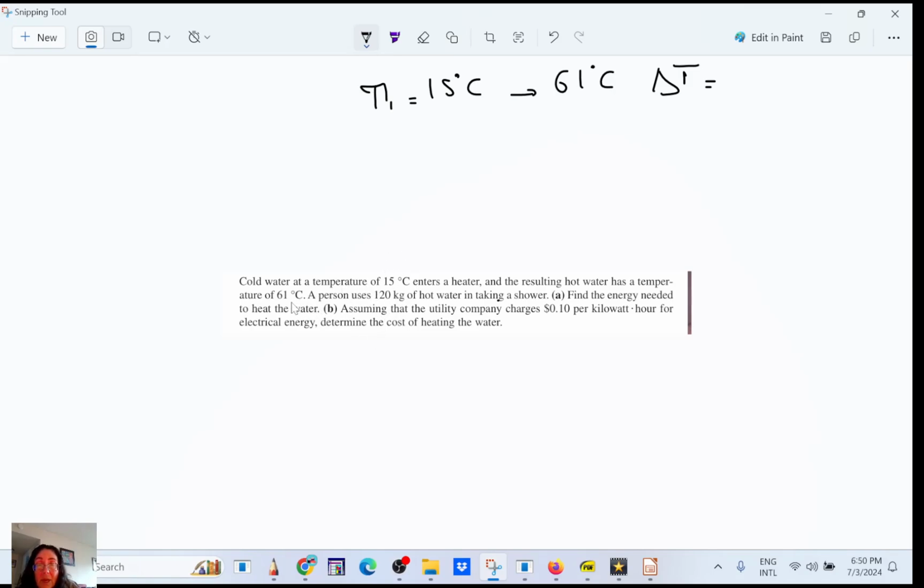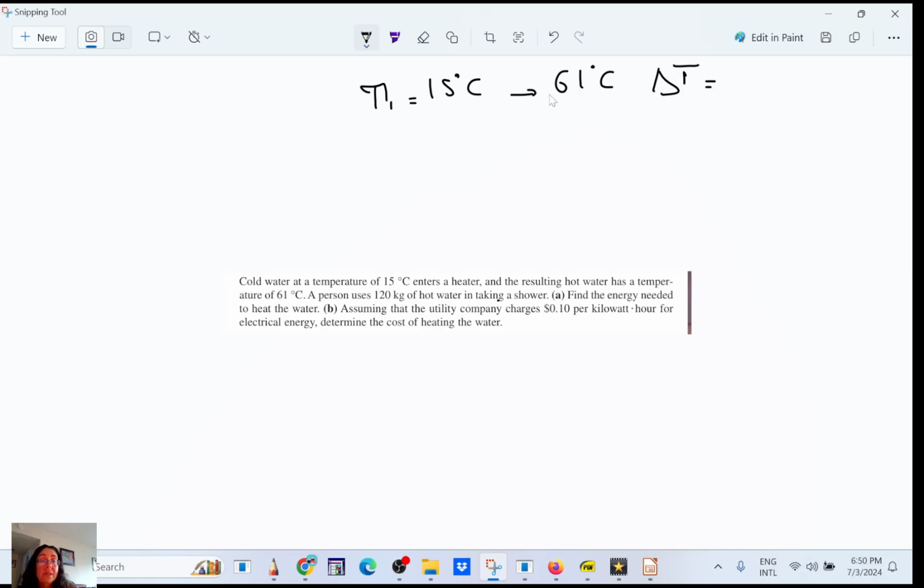You see here you have a cold shower, and there is a heater, and the temperature is going to rise to 61 degrees Celsius, and someone is taking a shower. Okay, so first question, find the energy needed to heat the water. So it's going to be from 15 degrees Celsius to 61 degrees Celsius.